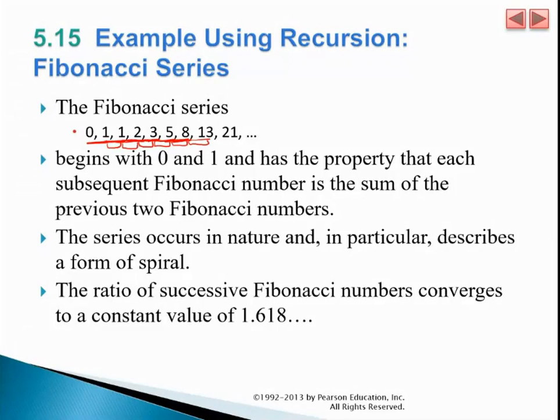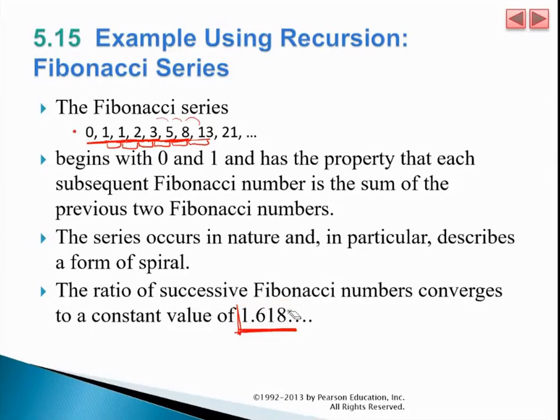This is also a very famous series. Mathematicians relate this series with nature also. The average of the ratio of two successive Fibonacci numbers is 1.618, and this is treated as the golden number.